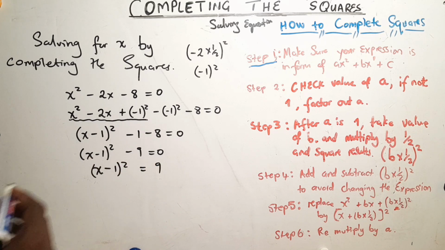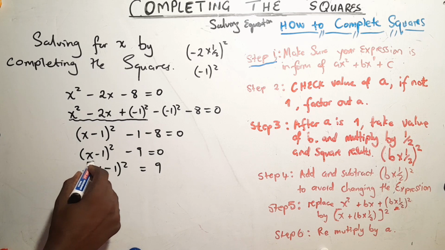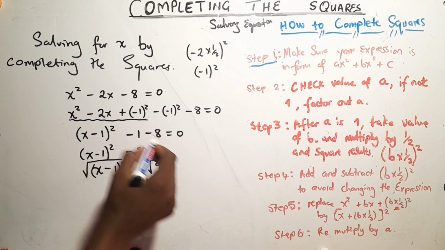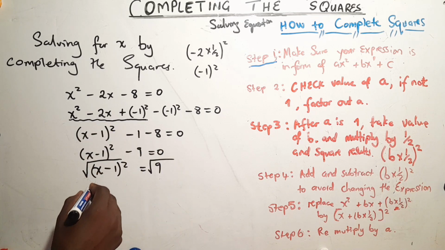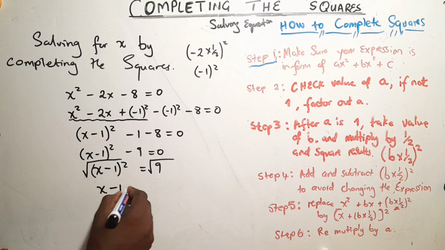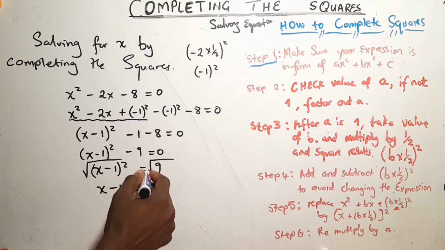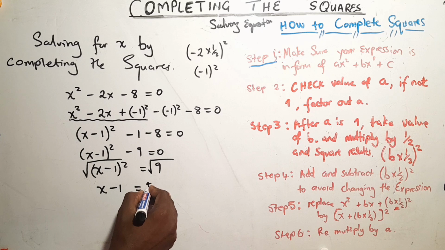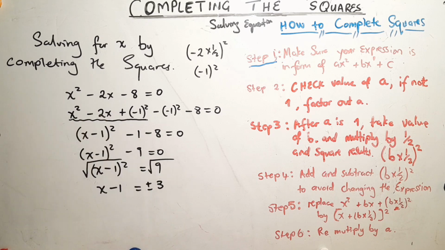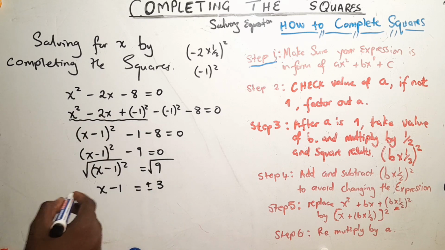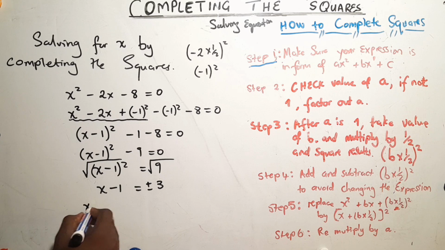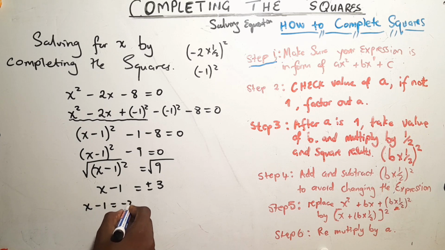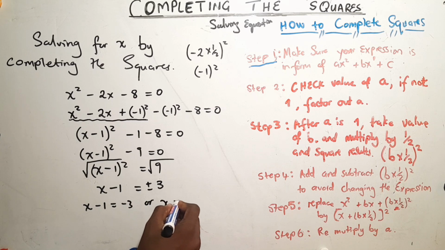So now if it is 9, what do we have to do? We take the square root of both sides, so that this and that will cancel out. So now we have x minus 1 equals, and the square root of a number is a plus or a minus. So this will be plus or minus 3. So now our solution will become x minus 1 equals negative 3, or x minus 1 equals positive 3.